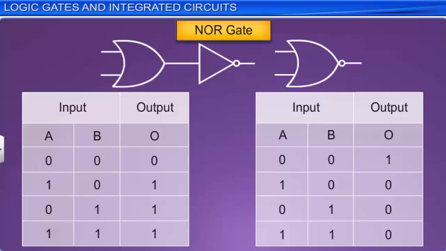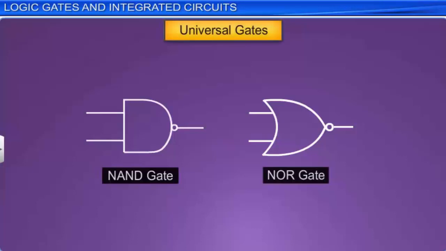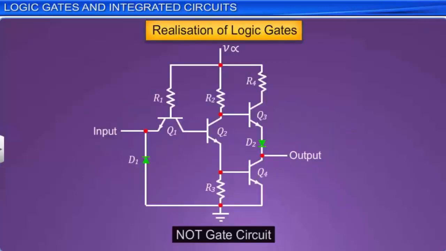NAND and NOR gates are also called universal gates, as they can be used to create all other forms of logic gates like the AND, OR, and NOT gates. Logic gates in a circuit are realized by combinations of electronic devices like diodes and transistors in combinations with resistors, inductors, and capacitors.